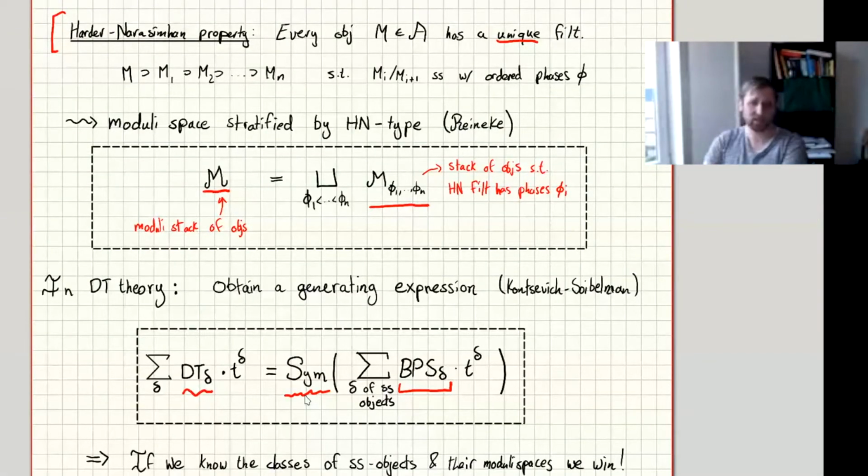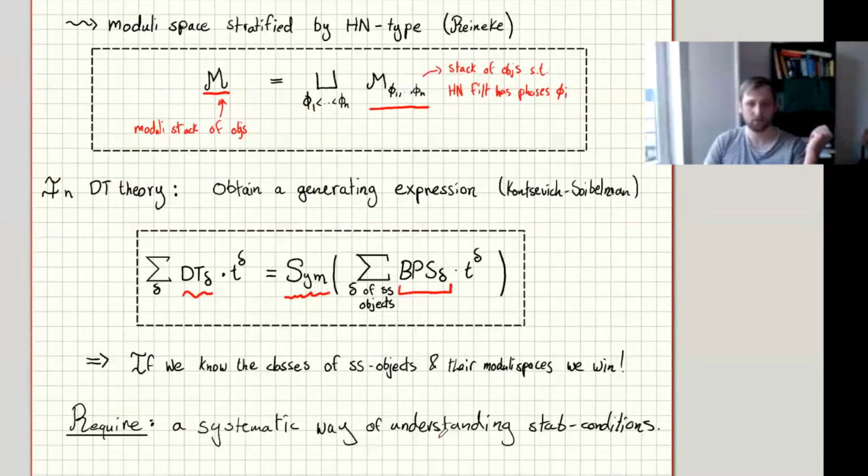Right, so that's the takeaway: if we have such a stability condition, which has this Harder-Narasimhan property, then we get our nice decomposition in DT theory. So if we know about the moduli spaces for every class of every semistable object, then we can calculate this and we win. Right, so the only thing that remains is to actually understand the stability conditions for our flops.